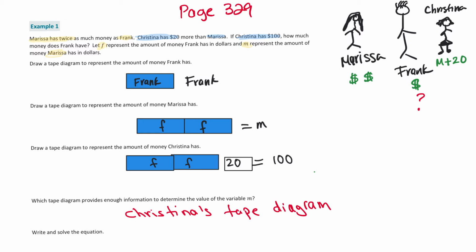Write an equation. Ready, guys? This is the equation. Okay, what do we have for the equation? Please don't discourage yourself about doing it. Frank plus Frank. I'm going to get Christina's information. I'm going to just put it here so you can see it. Right there. And then I can get Marisa's information.